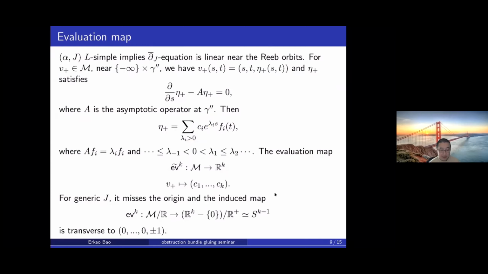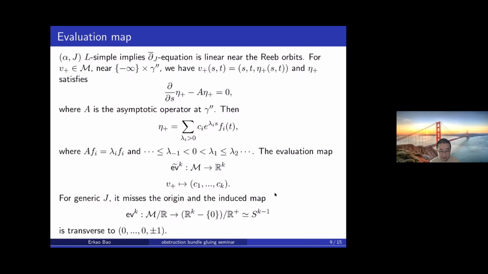So then the evaluation map is defined as follows. From the moduli space to Rk, it is given by just those coefficients, C1 through Ck. And then one can prove that for a generic J, the evaluation map misses the origin of Rk.